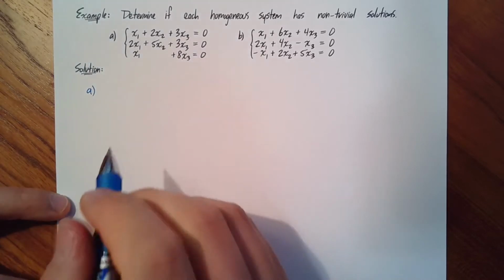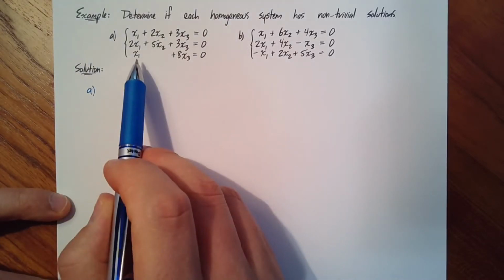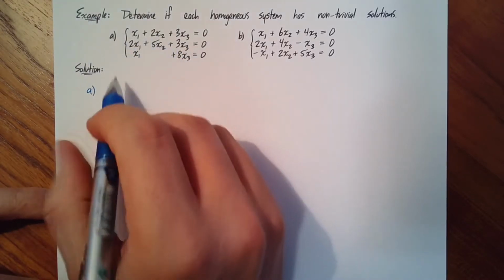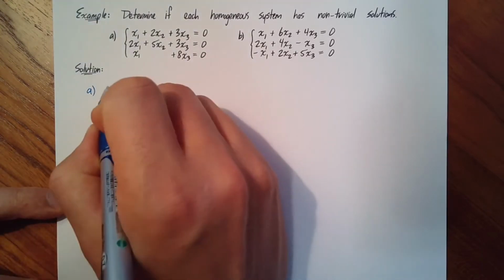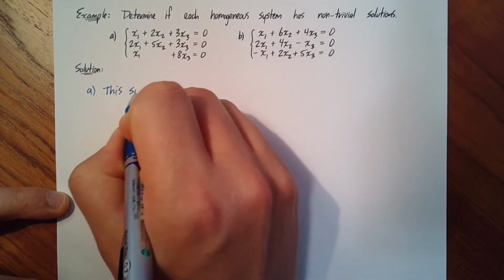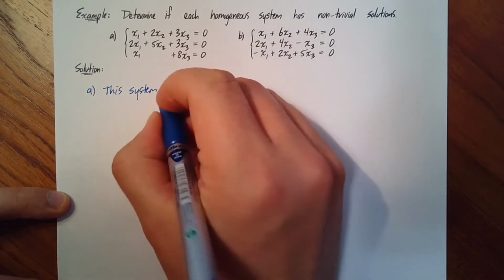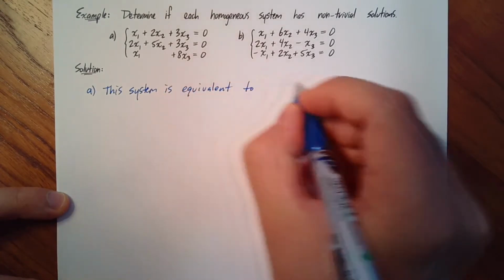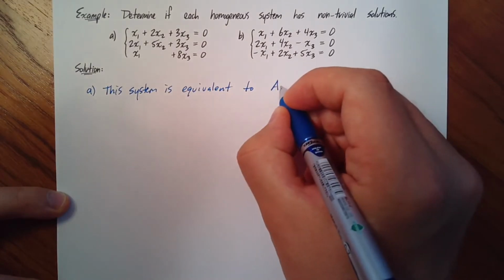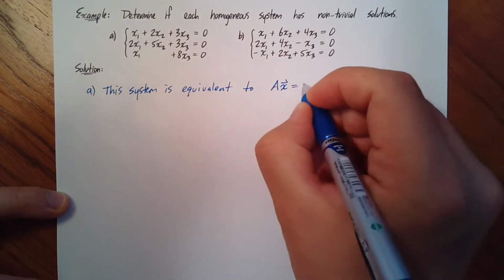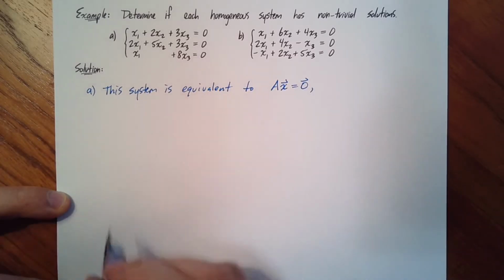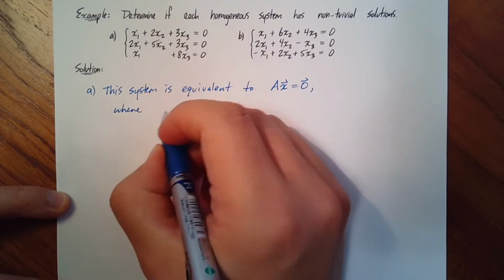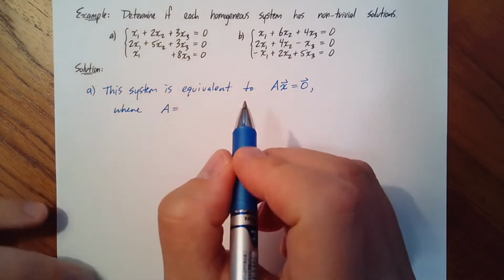So let's write the matrix equation for this first system, for part A. So this system is equivalent to AX equals 0, where A is the coefficient matrix.